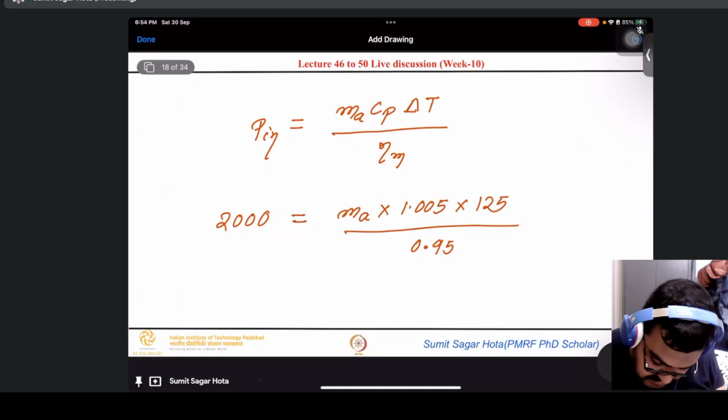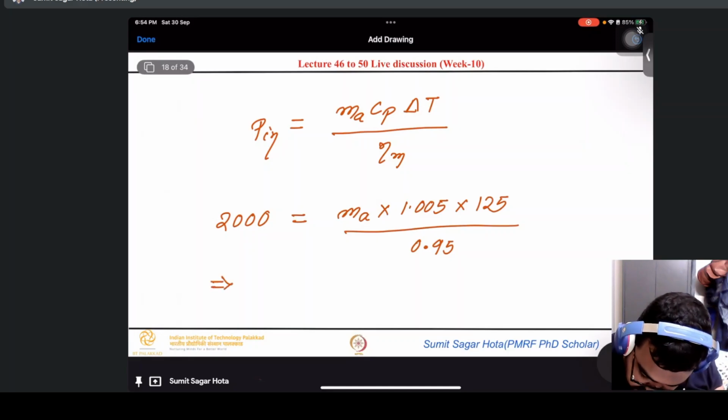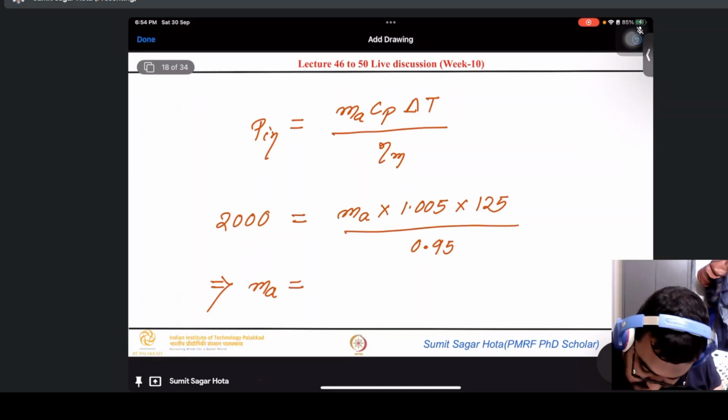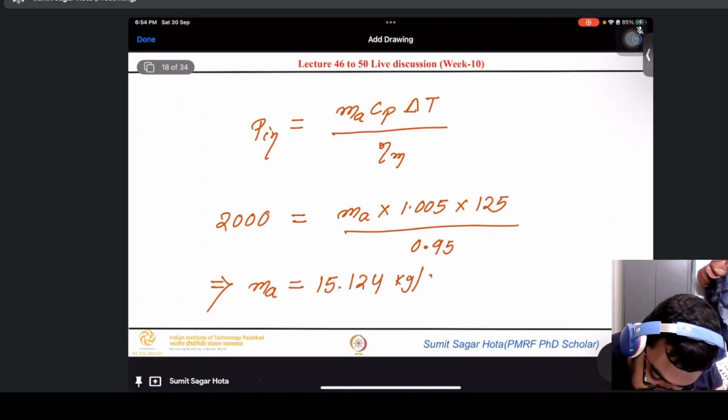Substitute everything, then you get your MA as 15.124 kg per second.